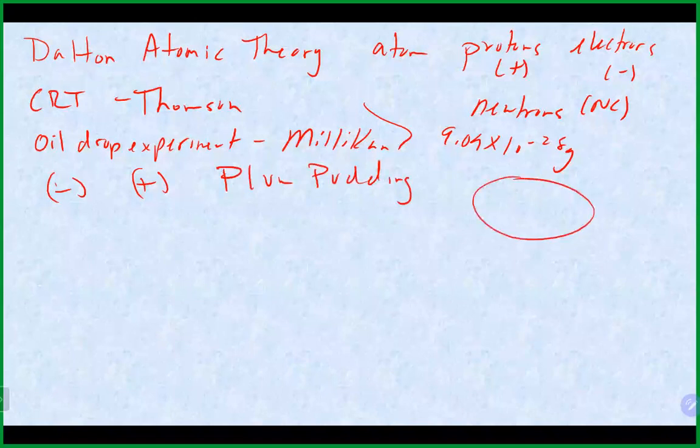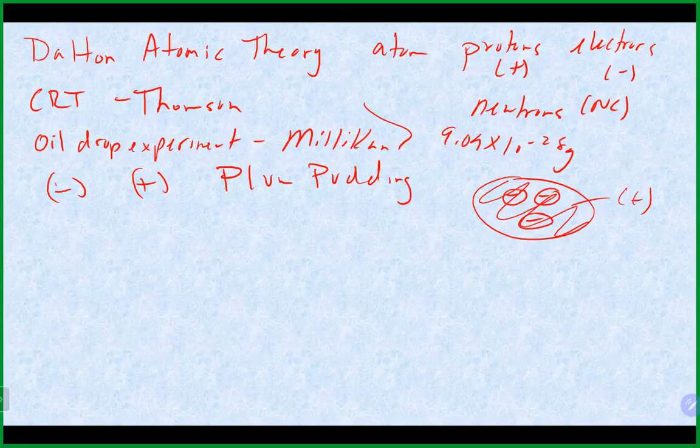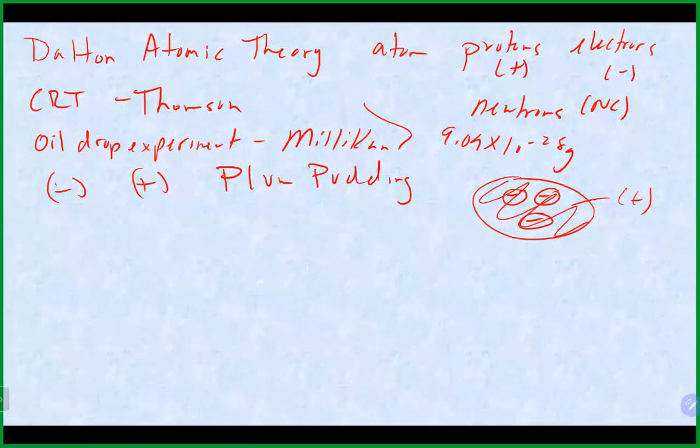In the plum pudding model, the atom is a sphere of positive charge with electrons embedded inside, and it was thought that most of the mass of the atom was made up of those electrons. This was the accepted model of the atom until the next big experiment we talked about, which was Rutherford's gold foil experiment.